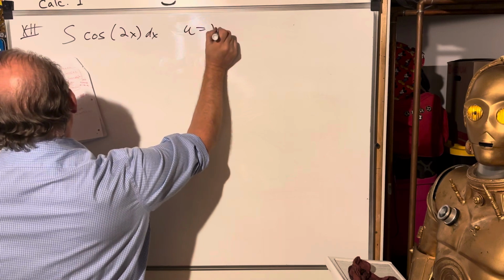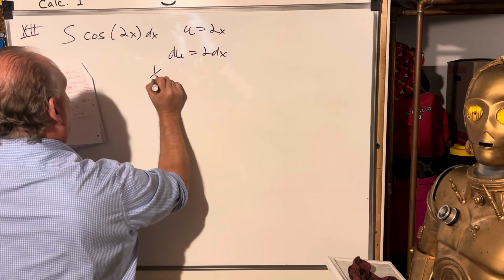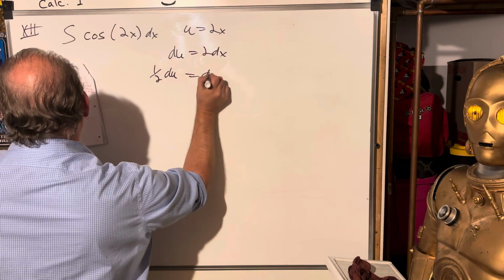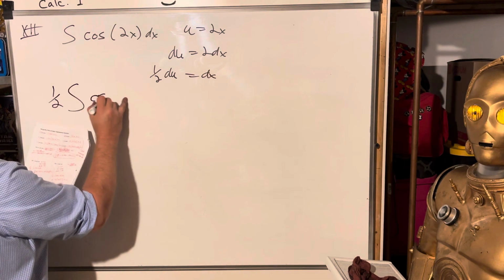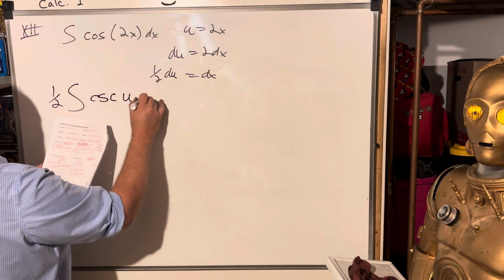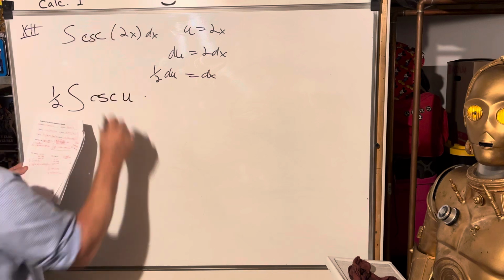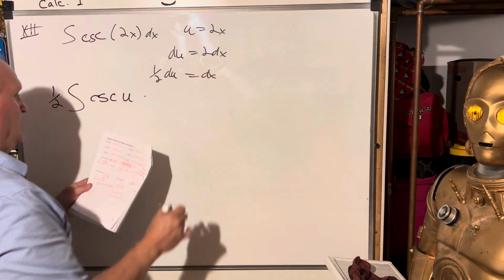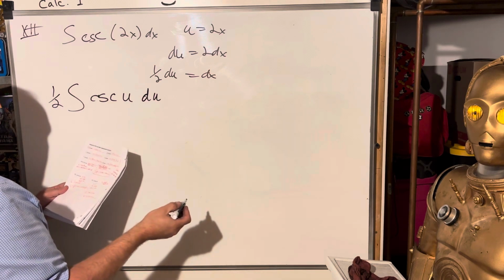So u is equal to 2x, du is equal to 2 dx, so 1/2 du is equal to dx, because they don't have that on there. So we have 1/2 cosecant u, oh, it should be cosecant, sorry, du.